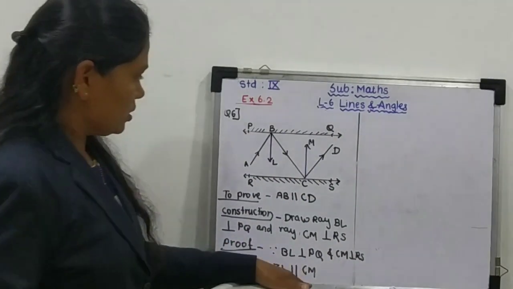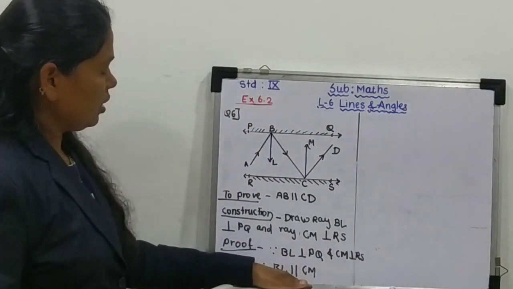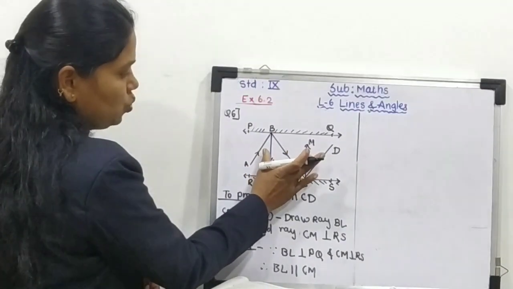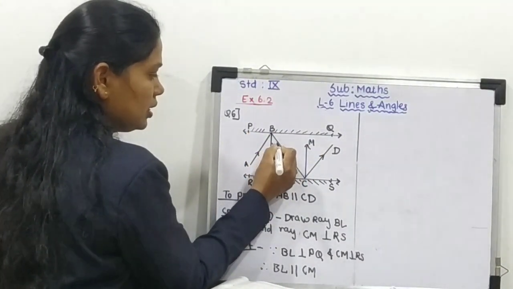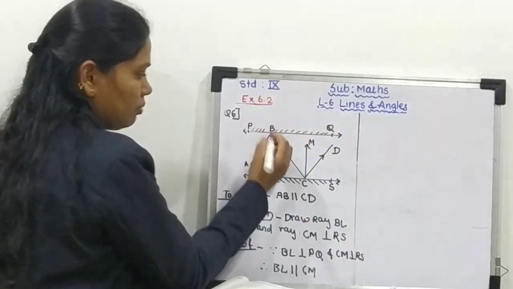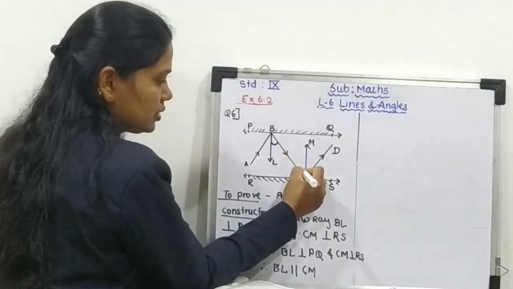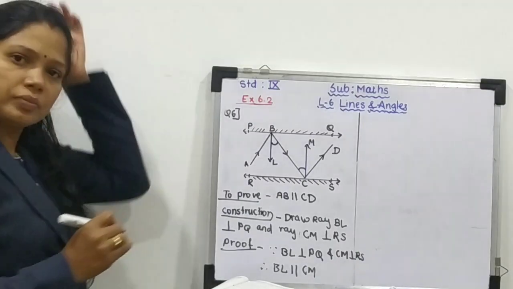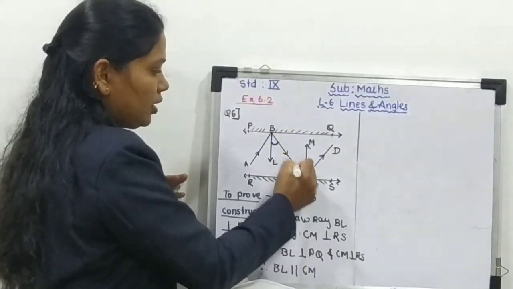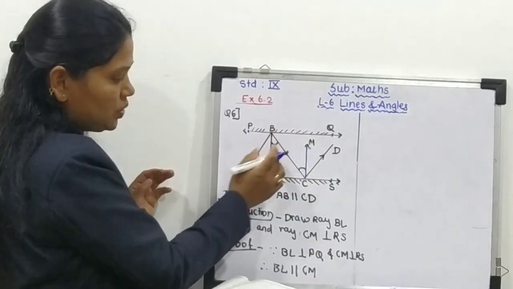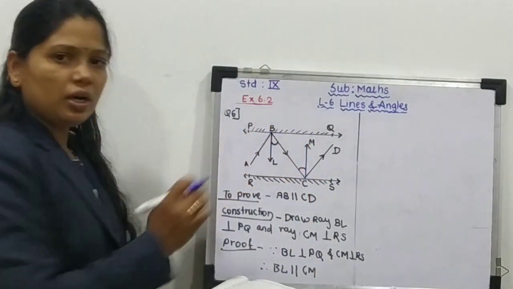Now, if these two are parallel, this angle, I will show it in blue, this angle is equal to this. Yes, alternate pair of angles, no? Because we are considering DC as a transversal, and BL is parallel to CM.